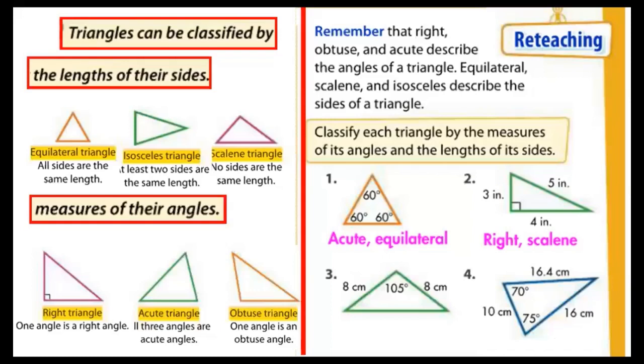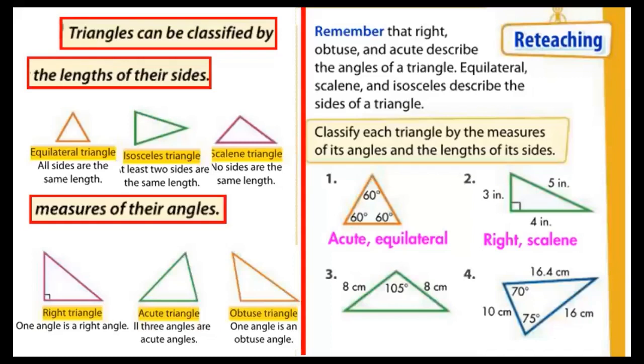In number 3, we also have a green one here with two sides, both of them equal to 8 centimeters. So we have two sides equal in length, just two, or at least two sides equal in length. This is for isosceles. I trust you all understand and save this lesson.